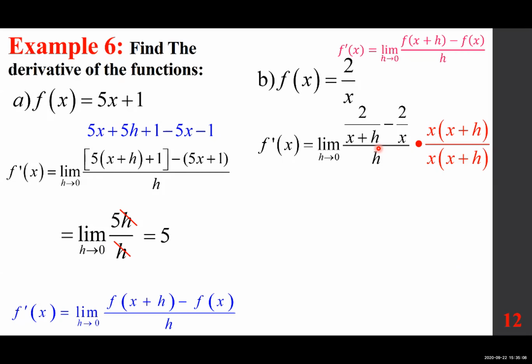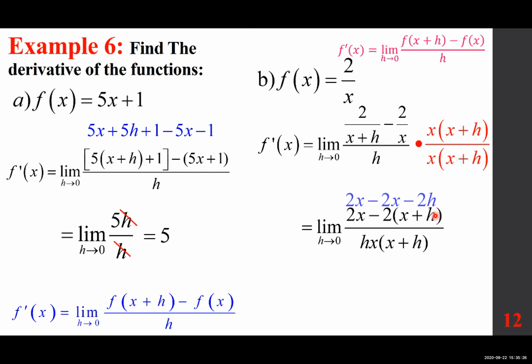So if I multiply the first fraction by it, x plus h goes away, I get 2 times x. The second one, x goes away, minus 2 times x plus h. Now that's pretty straightforward. Now we have 2x minus 2x minus 2h, and the numerator simply becomes negative 2h.